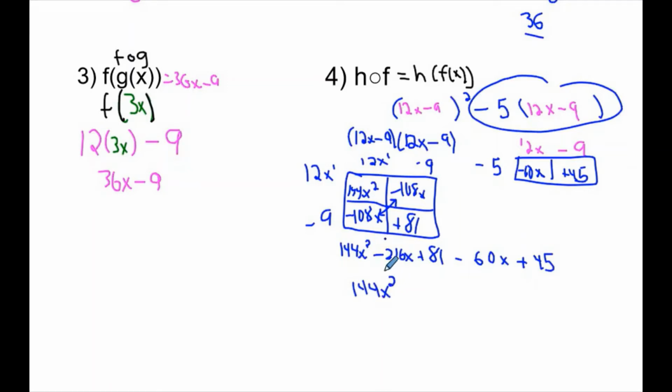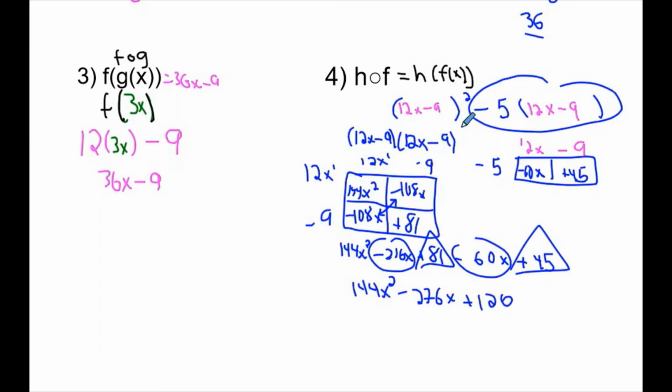I do have a like term with the negative 216x and the negative 60x. So that's going to be negative 276x. And I have a like term here with the 81 and the 45, which adds up to 126.